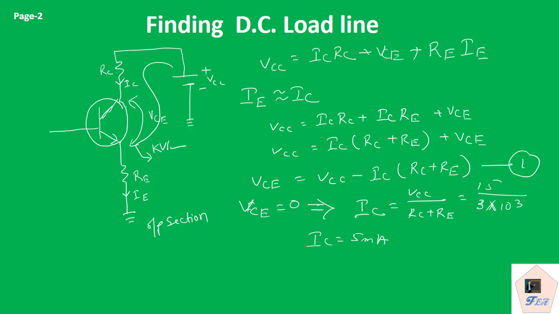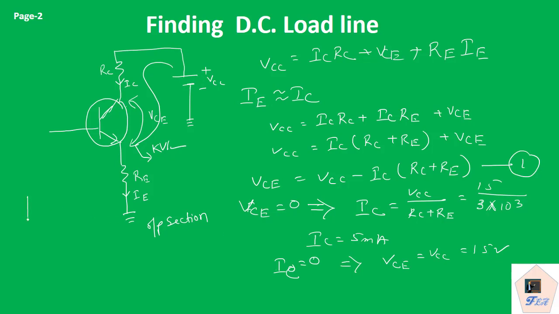Similarly, in this equation, if we put the value of IC as 0, then we find another endpoint of the DC load line, that is VCE equal to VCC, so that is equal to 15 volts.